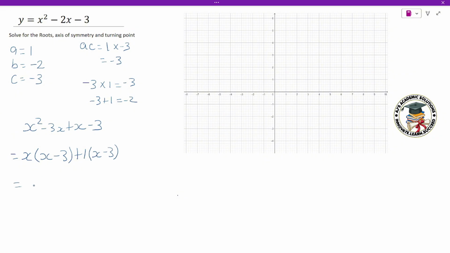So in the next line, notice we have the brackets here: x minus 3, and then x plus 1.